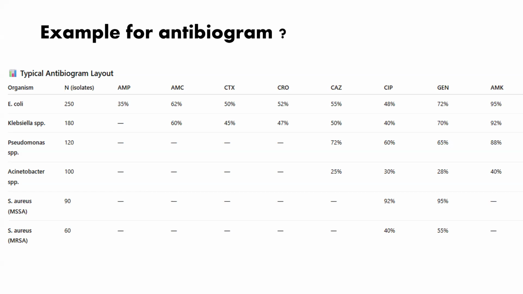So the ampicillin was sensitive to the E. coli in 35% of the cases. We will interpret these percentages in the next slides, but at this slide I only want you to know that 35% is the number of times the ampicillin was sensitive over 250, multiplied by 100 in order to get the percentage.